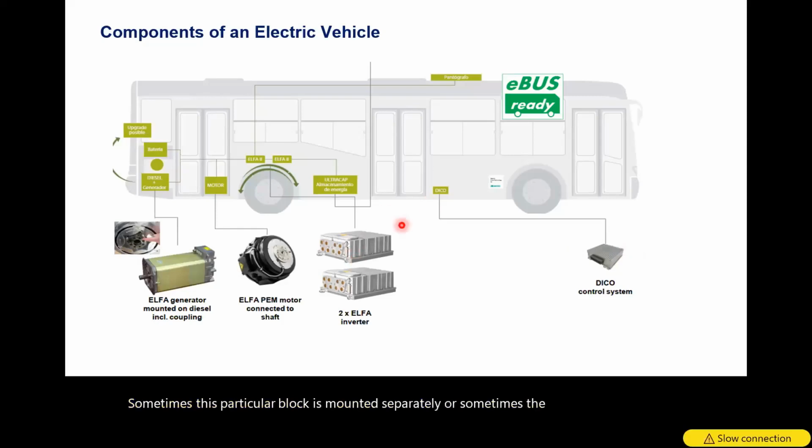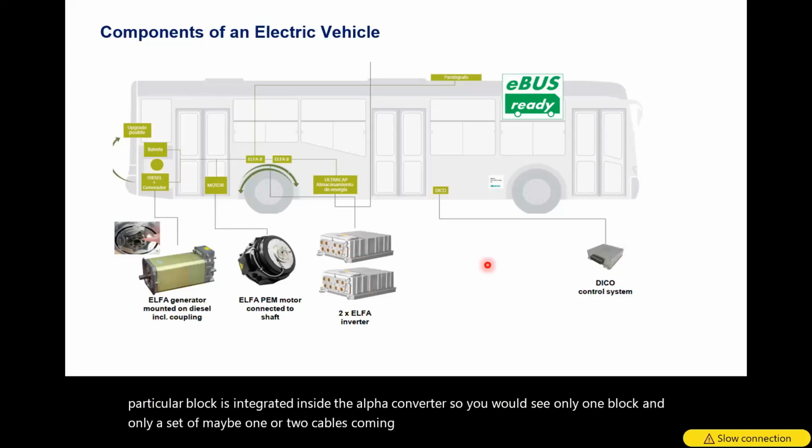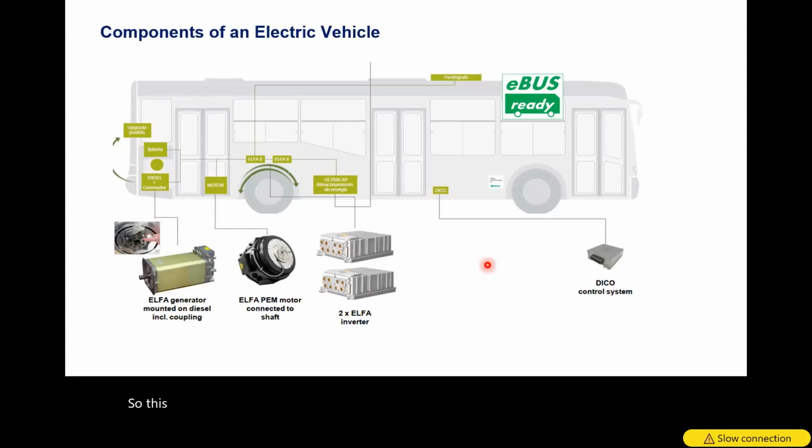So you would see only one block and only a set of maybe one or two cables coming and getting terminated at the EVCU. So this gives an overview of the components of an electric bus, or generally speaking, for an electric vehicle.